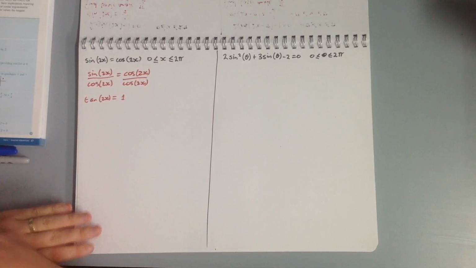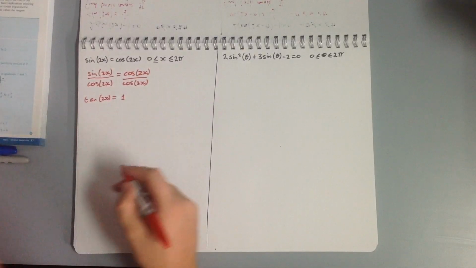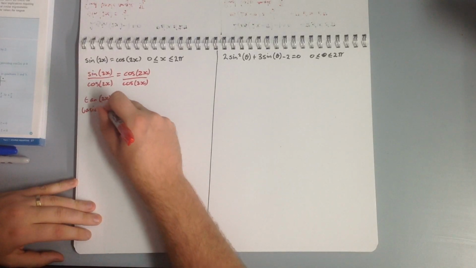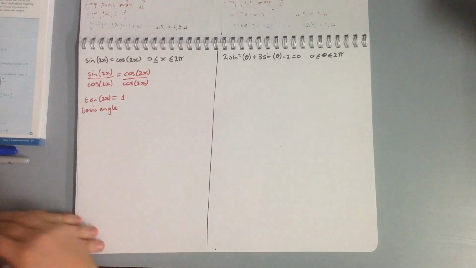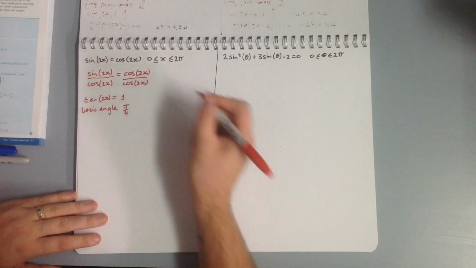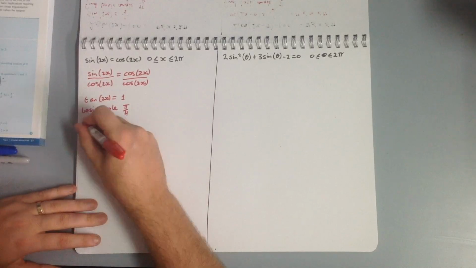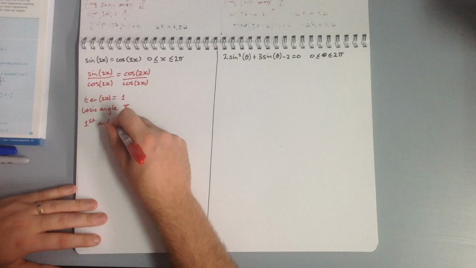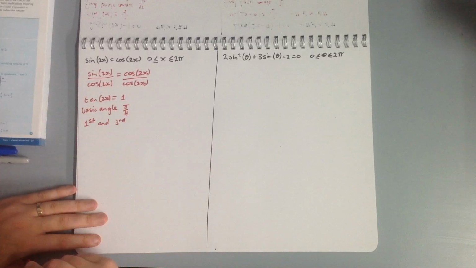Once we get that part, we can go, basic angle. If we look at our exact values, we find our basic angle is pi on 4. We find that tan is positive in the first and the third quadrants.